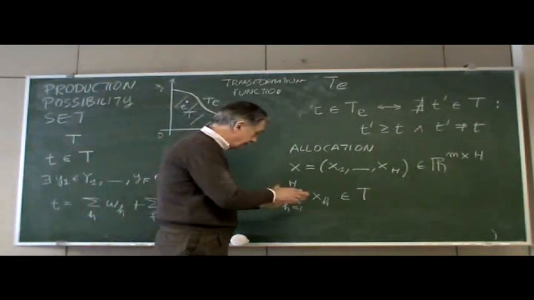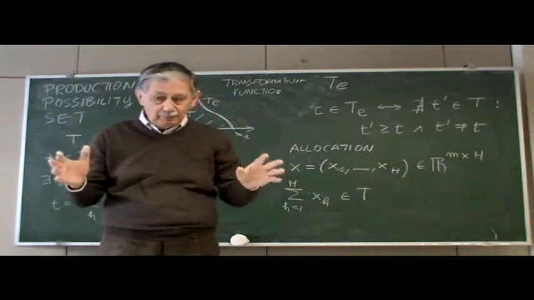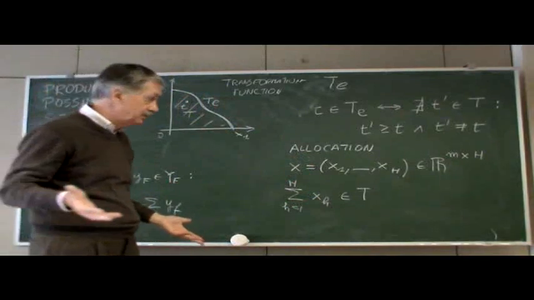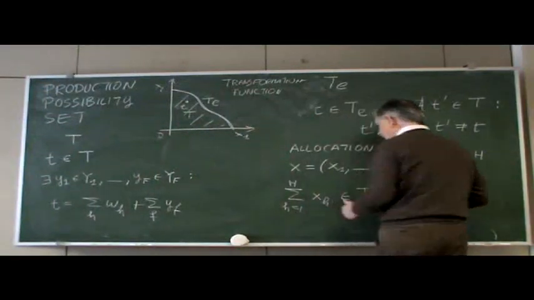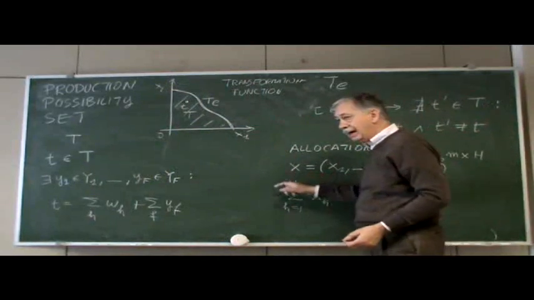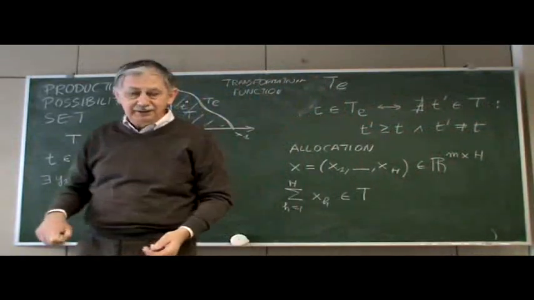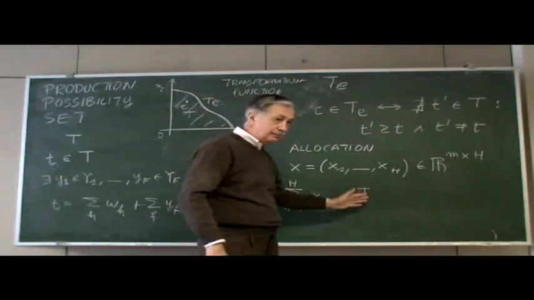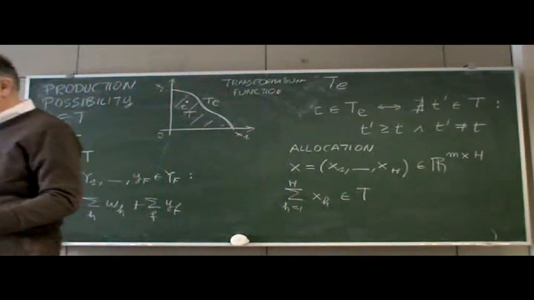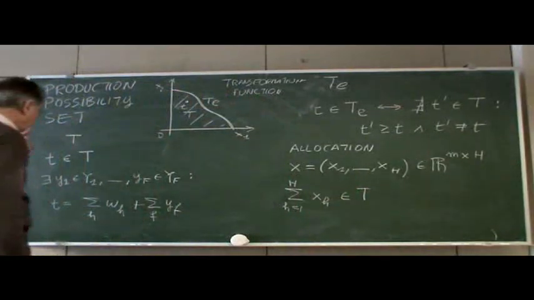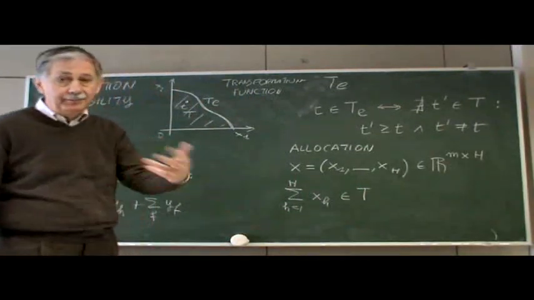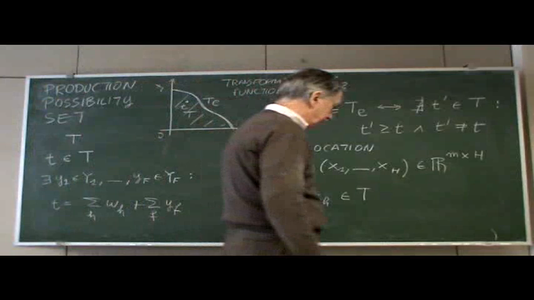Then you distribute the goods contained in t among the H households, according to these vectors XH. You obtain the total consumption by our H consumers. But this total consumption must be possible. It must be obtained by means of available initial endowments and the production processes of the firms. Is it clear?